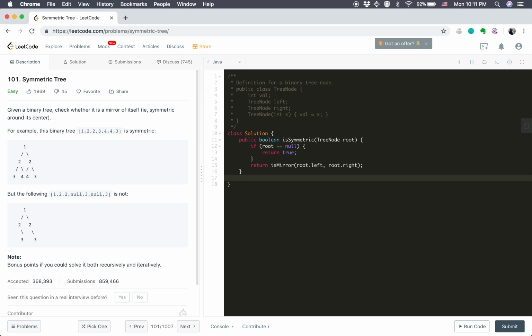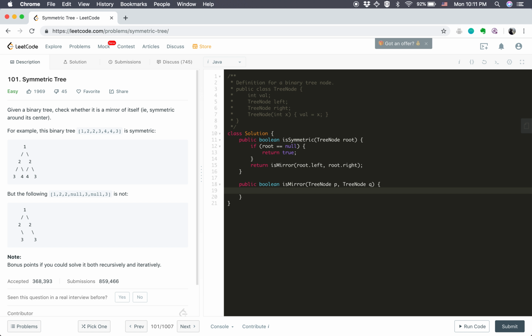Now we try to write the function isMirror. We say public, we want to return a Boolean value, isMirror, TreeNode p and TreeNode q.